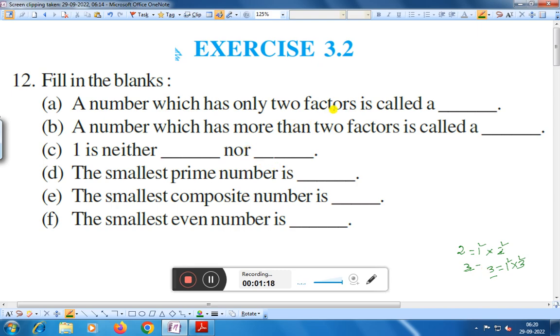Therefore, a number which has only two factors is called a prime number. We write here prime number. This is called a prime number.